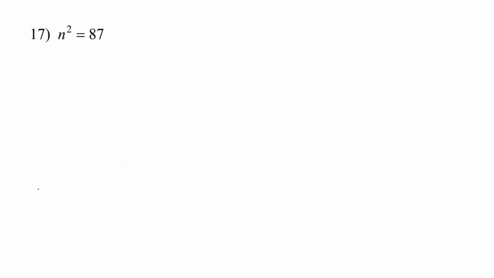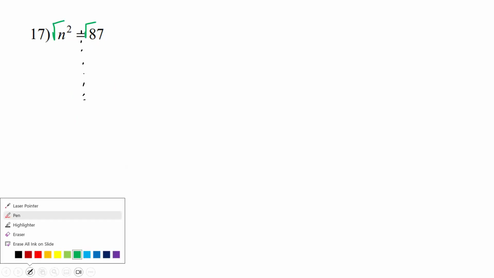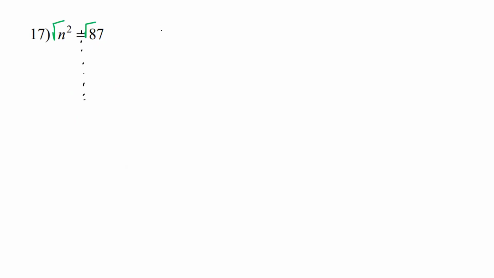Here, like we just did on the other ones, if it's not a perfect square, when you take the square root, 87 is not a perfect square. I need to do a buddy tree on it. So I'm going to factor the square root of 87.